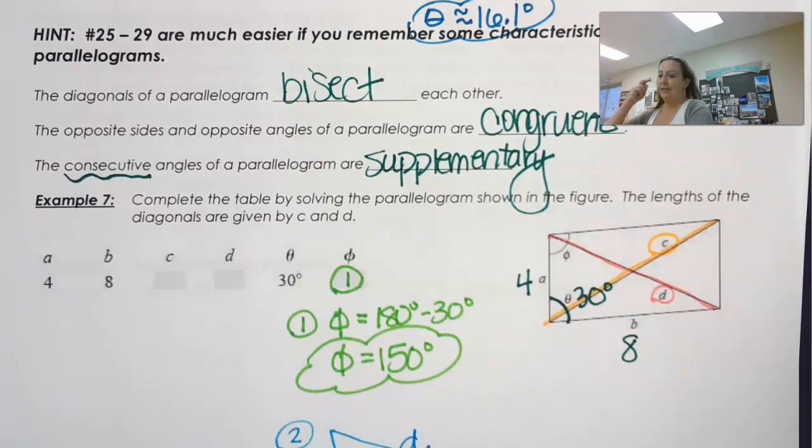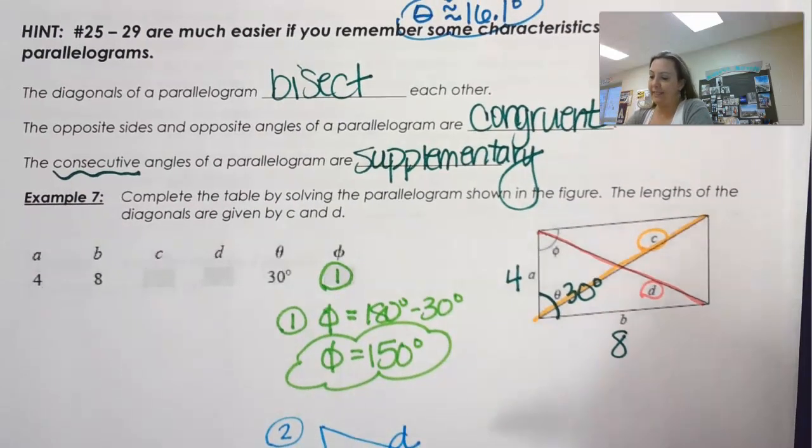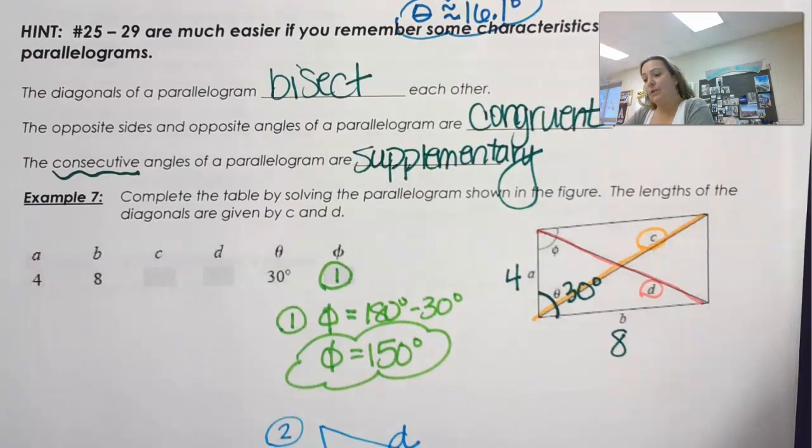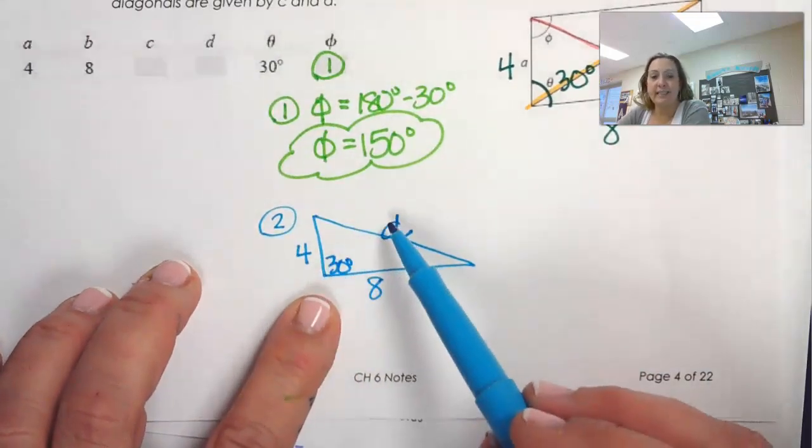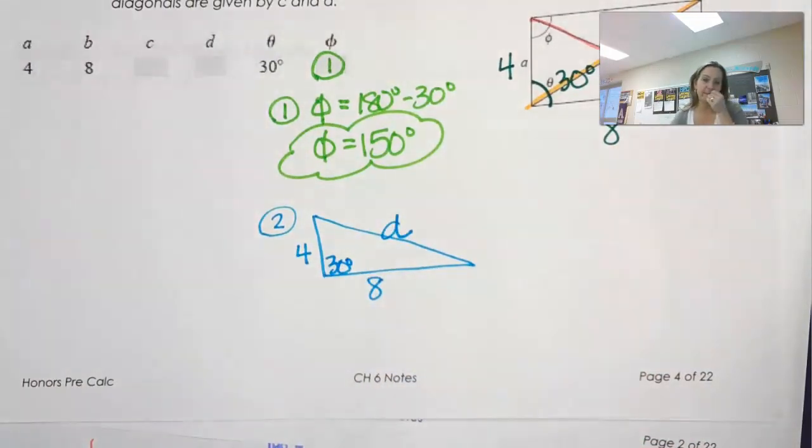You might say, oh, I kind of want to use the law of sines for this, but we don't know what length D is, so we can't set something like that up.